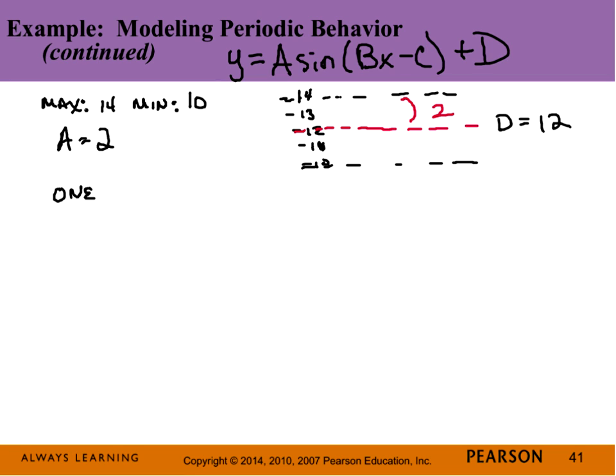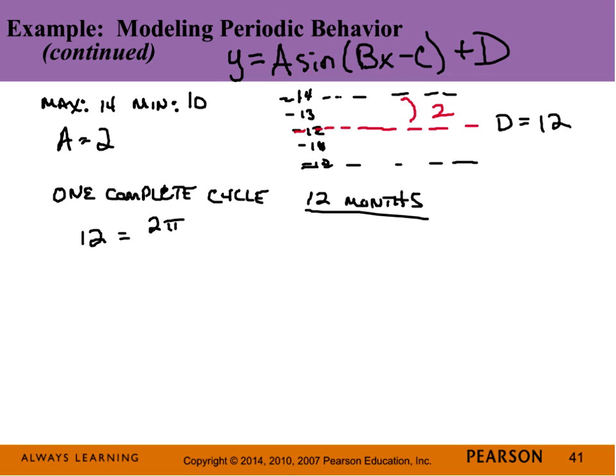So one complete cycle, or period, is 12 months. Since we know that 12 months is our period, I can say that 12 is equal to 2 pi over B. I can start picking out the little pieces that I need, putting the puzzle pieces together, so to speak.